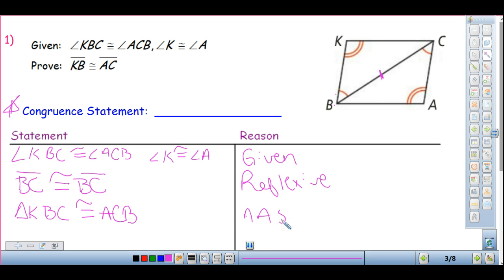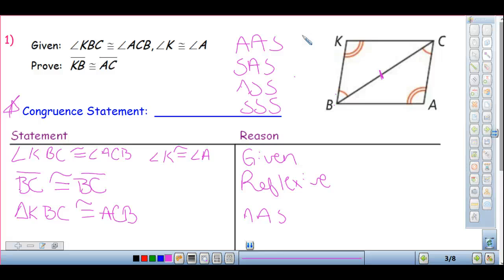The only choices you have for triangle congruence can be angle, side, angle, side, angle, or side, side, side. Those are your only options. Third angle theorem doesn't work. All kinds of other stuff that you guys have been putting down does not work. You need to make sure that it's one of those four.